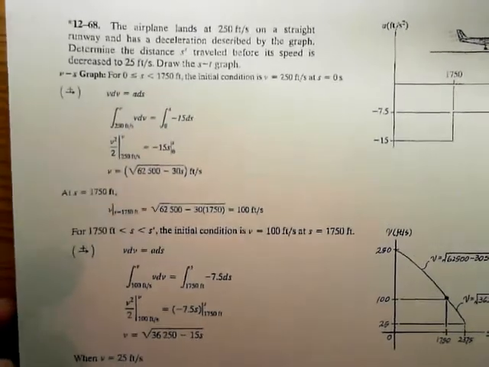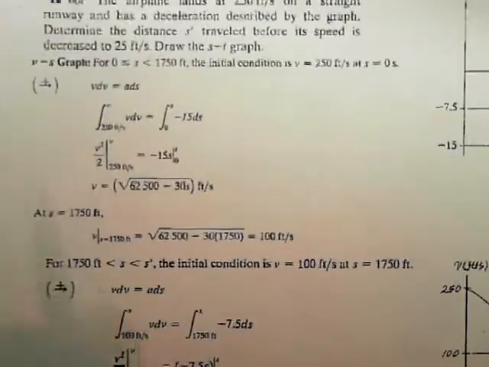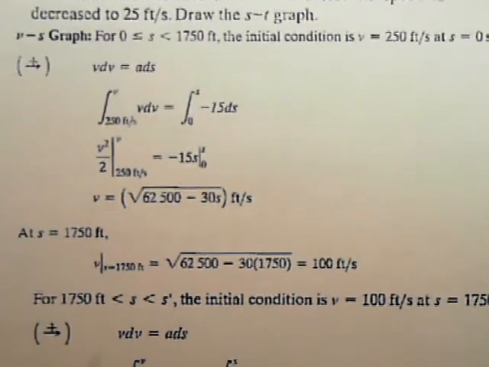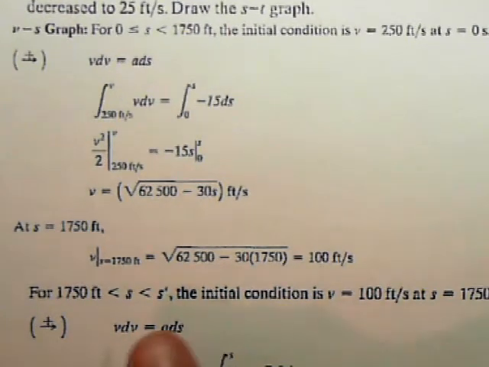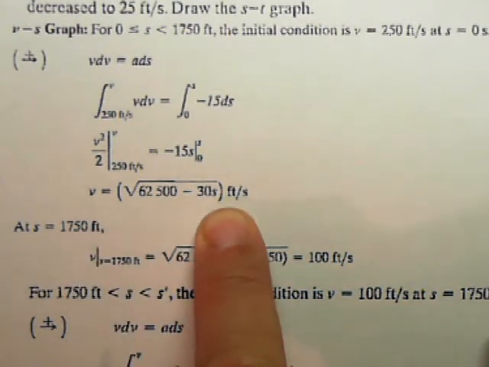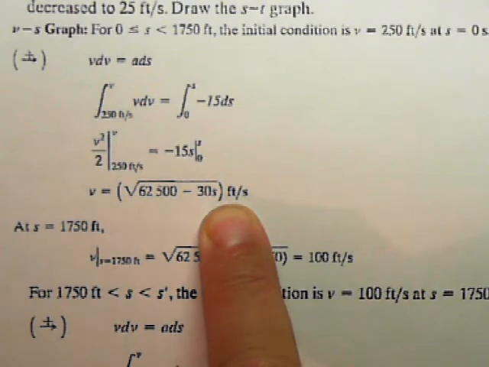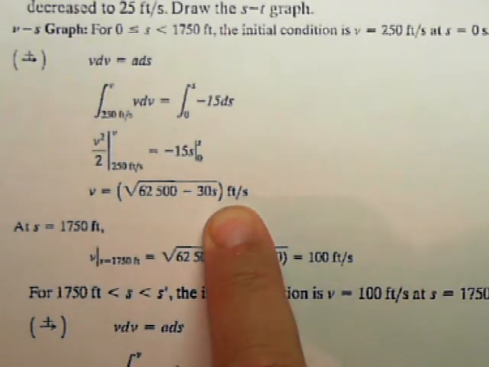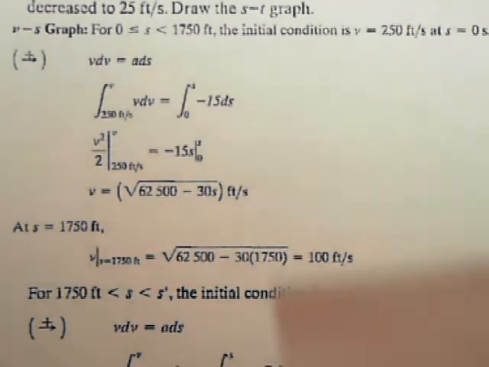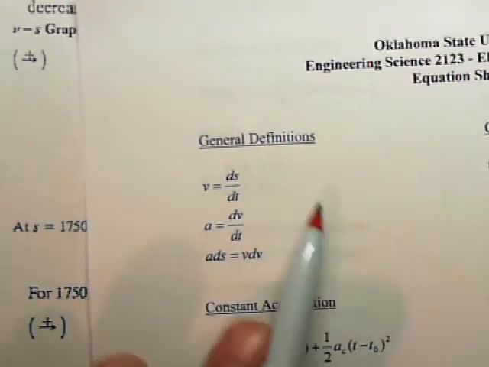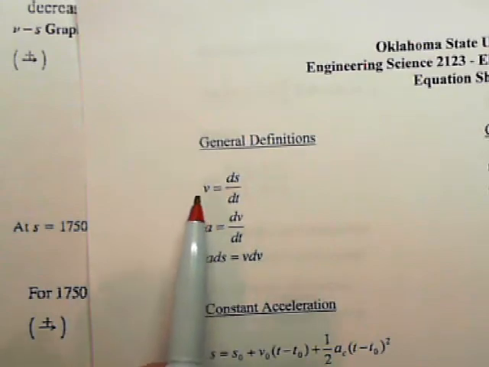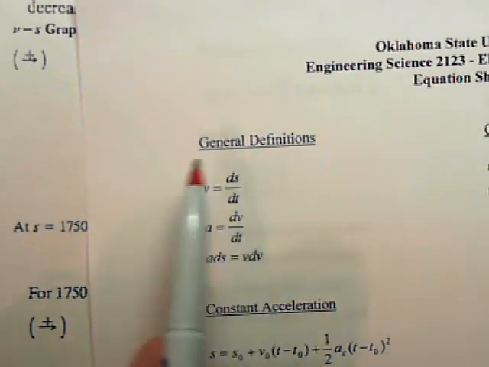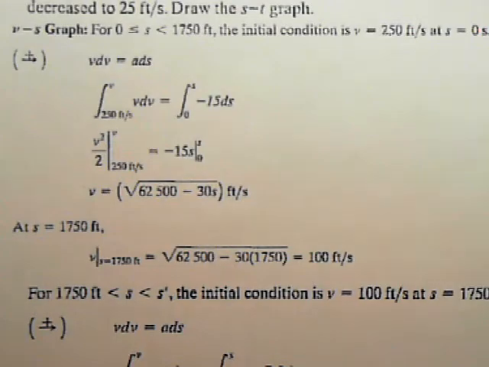And so coming back to the first interval that we've already spent a little bit of time on, we produced a v of s equation in that first integral. Given that we have v of s and we want s of t, the natural thing to do, given the region of the equation sheet for v, s, and t, would be this one, v equals ds dt.